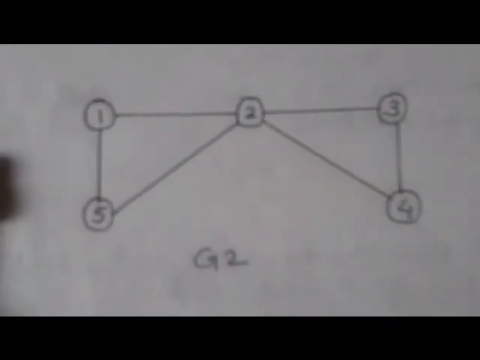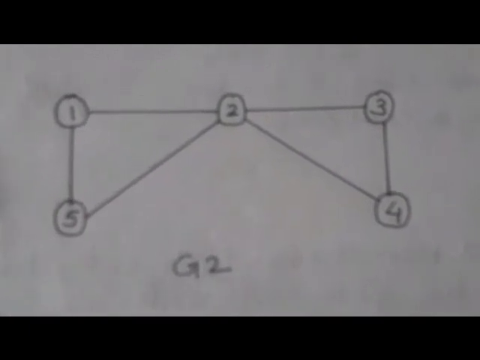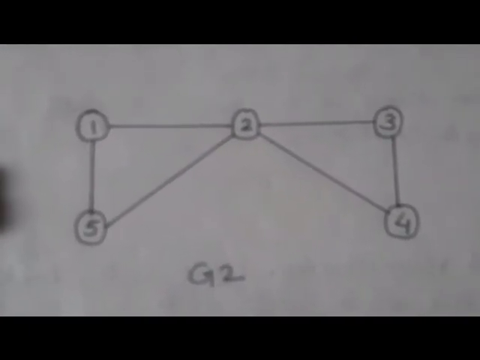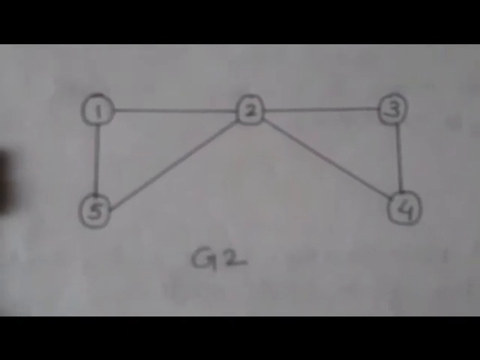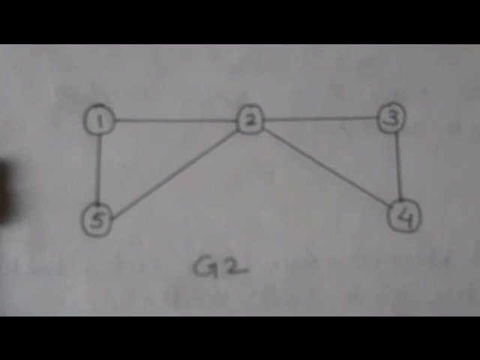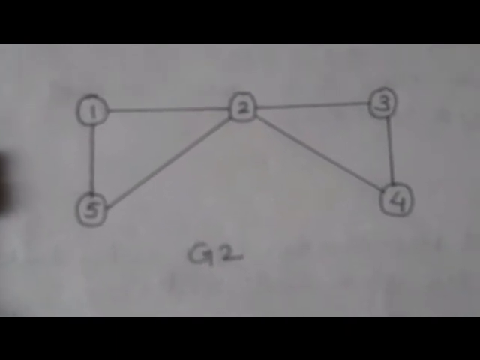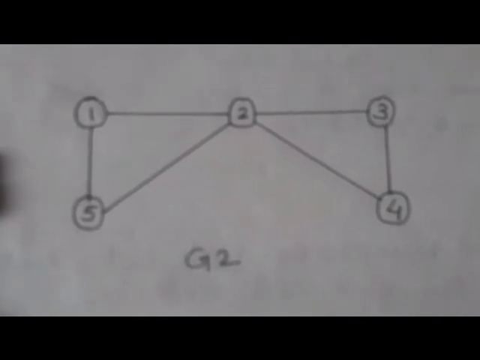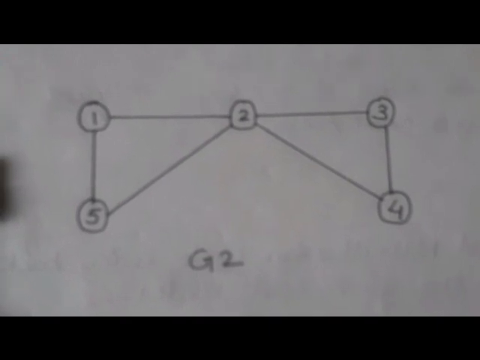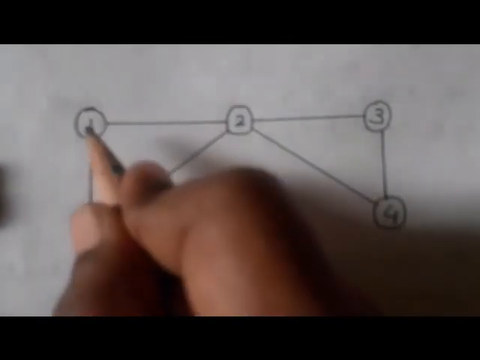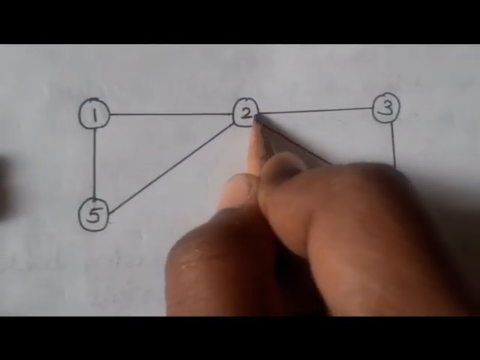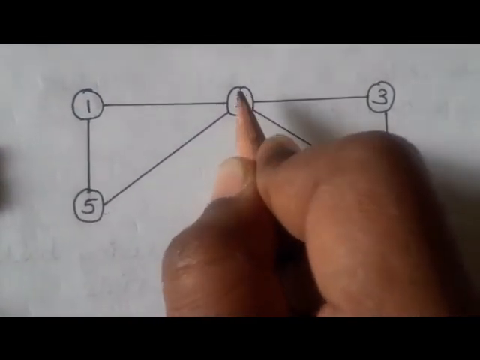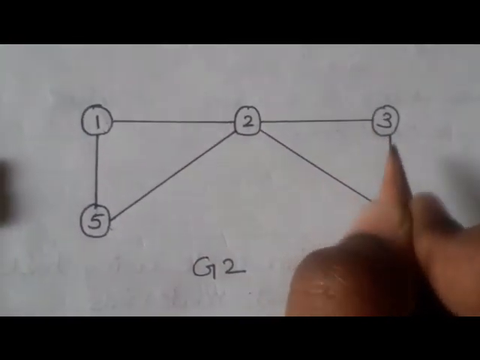This is graph 2 and it doesn't have a Hamiltonian cycle. Why? Because when we visit all the vertices, it should return to its starting vertex, but that is not possible here. If we start from vertex 1, we visit vertex 5, then vertex 2, and two vertices are remaining.